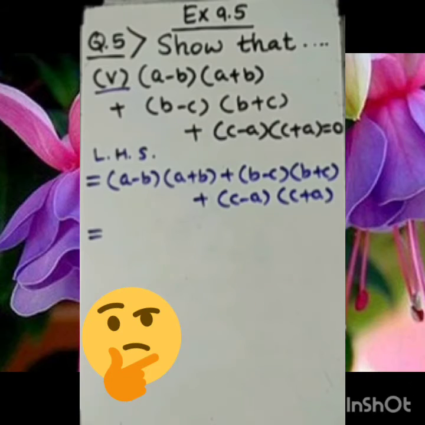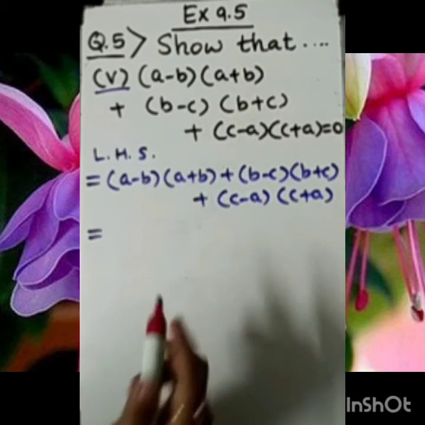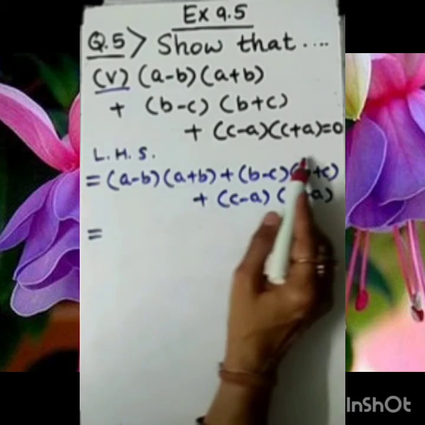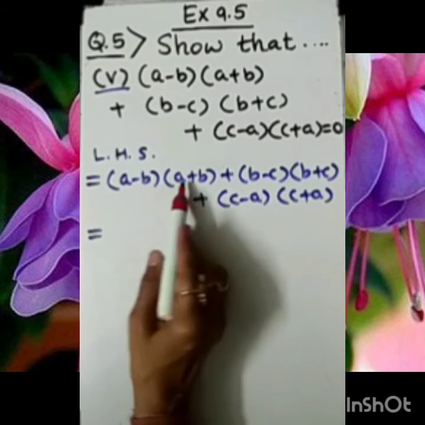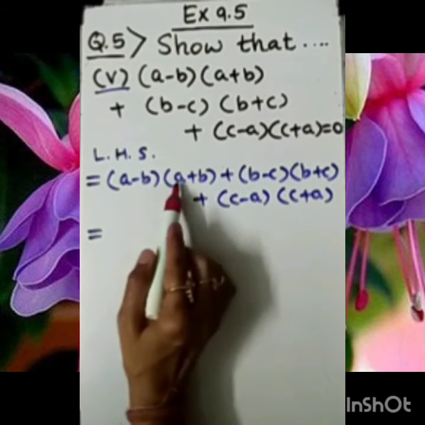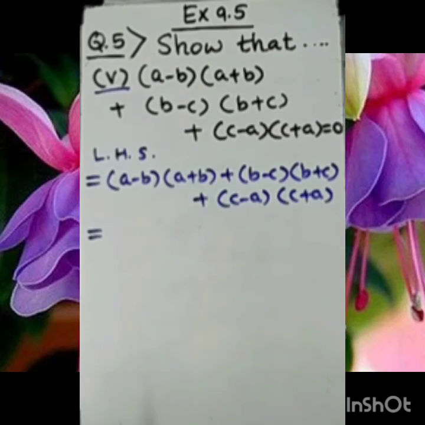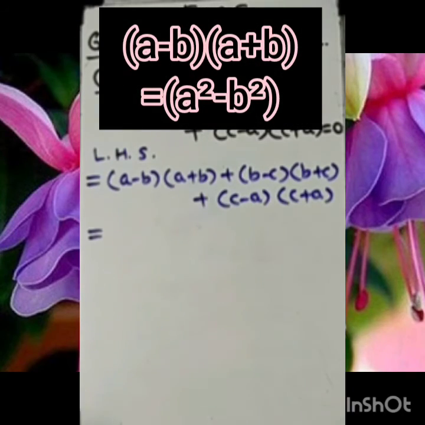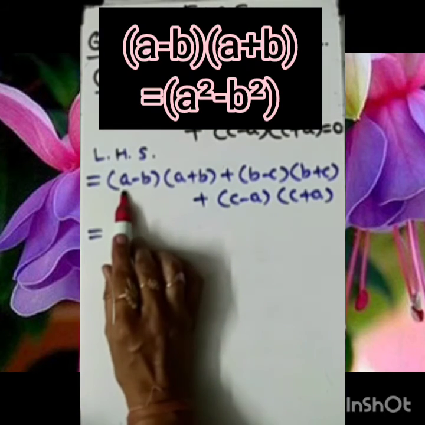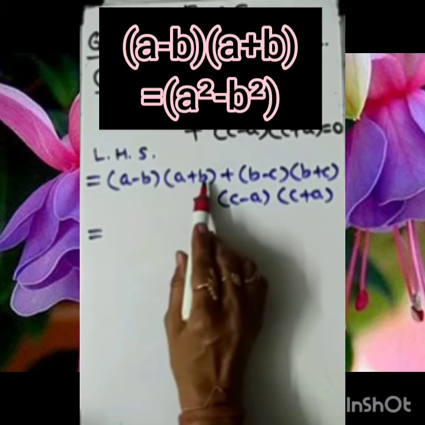Now let's work out and think about that. Which identity do we need to apply here? All of us know that here there isn't any square, because both these terms are not similar. They are with opposite sign. Only their first term is similar, second term is similar. So in such a case, we need to apply the third identity. What is our third identity? We know (a minus b)(a plus b).